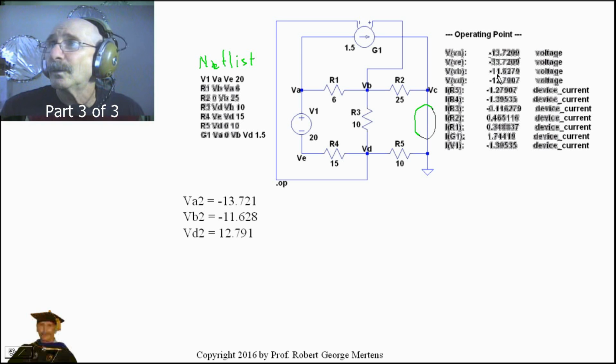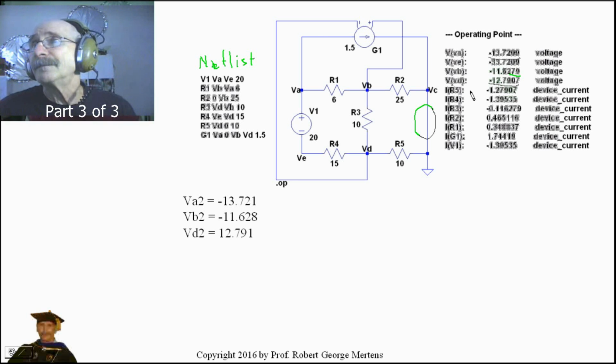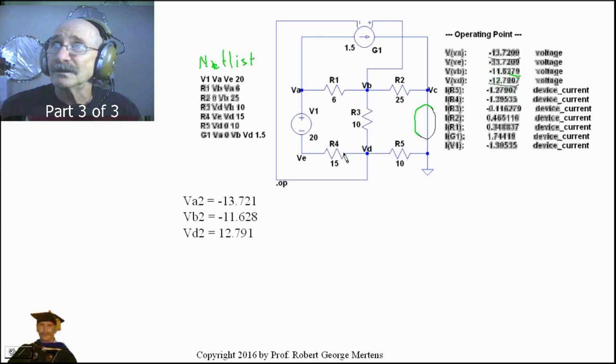VB is minus 11.628 if you round that up, and VD2 is minus 12.791, also rounding that up. So it looks like SPICE has correctly agreed with us with our calculations, and now we have some solutions to the second half of this problem. So it agrees with this.